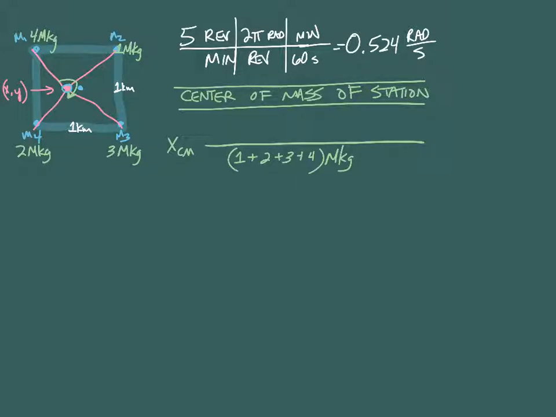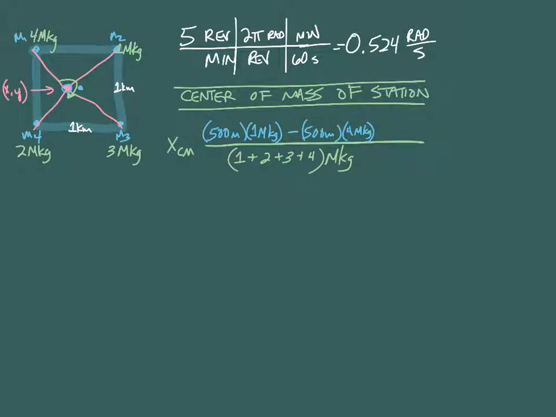So the first one, the top right one, since it's positive, will be at 500 meters times 1 megakilogram, and I'm going to subtract from it, or I could just say plus a negative, its left-hand side, 500 meters, and that's a 4 megakilogram.